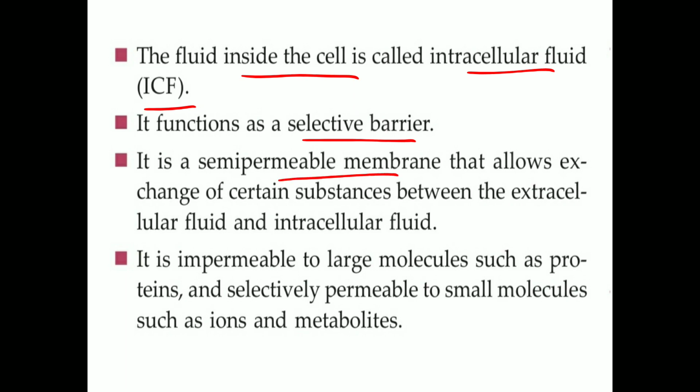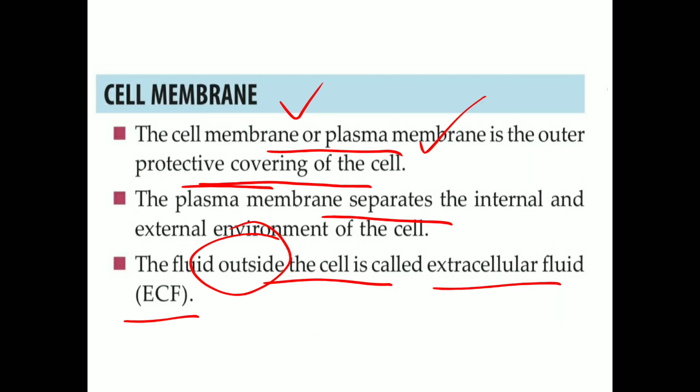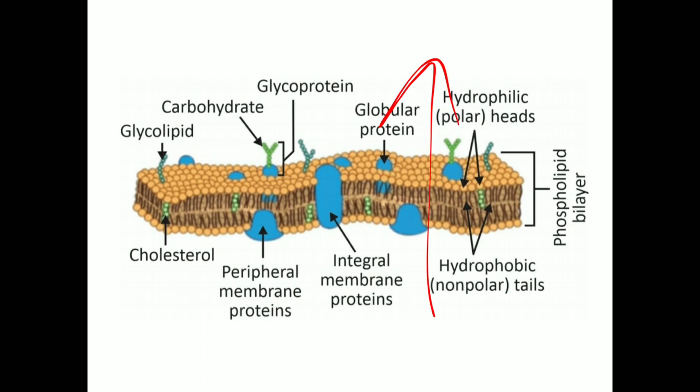This is a semi-permeable membrane which allows exchange of certain substances between the extracellular fluid and intracellular fluid. So it helps in the exchange of certain substances into and out of the cell.